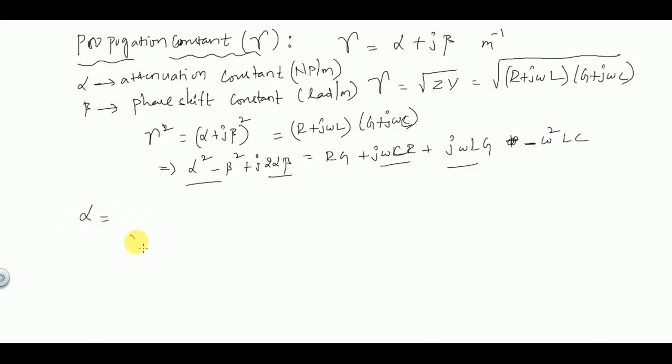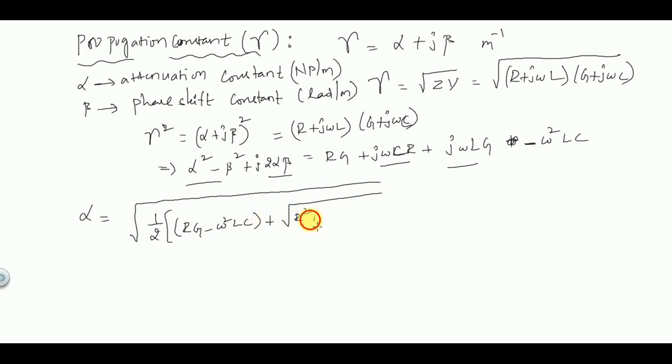So alpha is given by under root of 1 by 2 into (RG minus omega square LC plus root of (R square plus omega square L square) into (G square plus omega square C square)) Nepers per meter. So this is the formula for alpha.